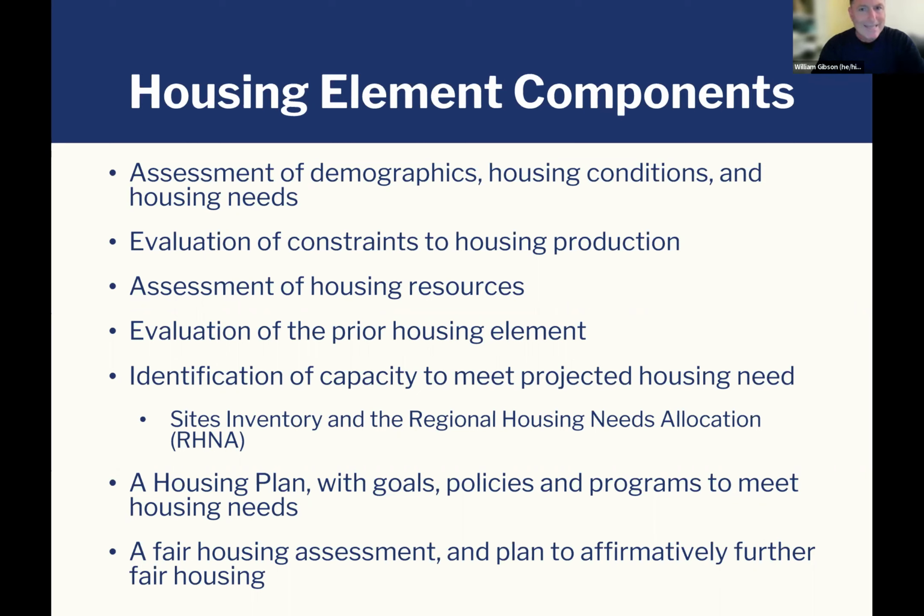It must include an assessment of the housing resources that we have available, an evaluation of the prior housing element from 2014, and an identification of the capacity to meet our projected housing needs, which is our sites inventory, which must show that we can meet our regional housing needs allocation, or RHNA. And it must have a housing plan with goals, policies, and programs to meet those needs.